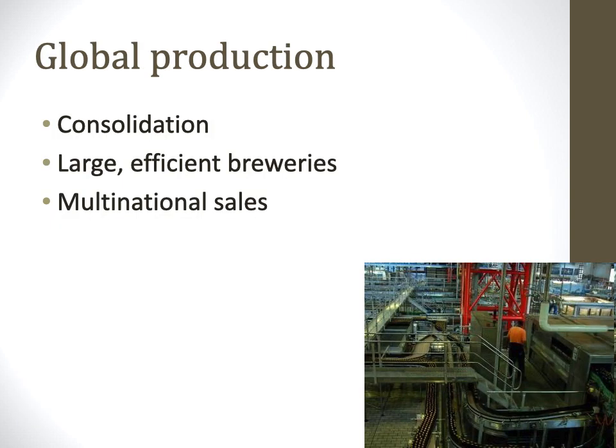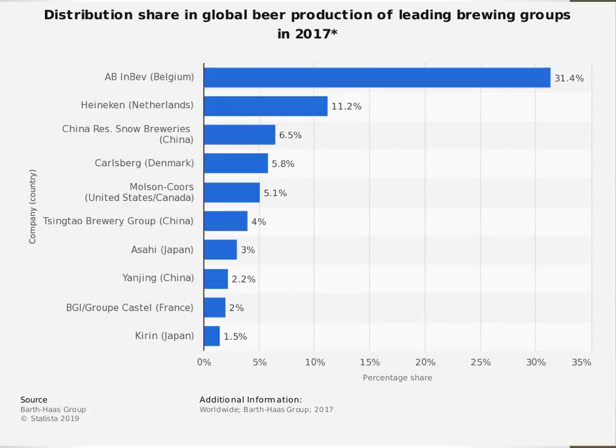So if we look at the industry today, beer industry sales are dominated by huge multinational companies, and many countries, including the US, have no major independent producers. Looking overall at market shares, and these are not national market shares, but global market shares, you can see very highly concentrated.